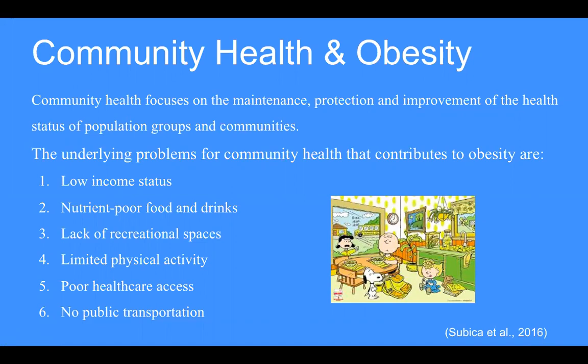The underlying community health problems that contribute to obesity are low income status, like poverty and poor neighborhoods; poor nutrition, such as the fast food industry, which has low protein and higher sugar; lack of recreational spaces, like parks and playgrounds; limited physical activities, such as watching TV and overeating; and poor healthcare access, like lack of medical facilities such as hospitals and urgent care. No public transportation may cause people to stay home, being physically inactive.